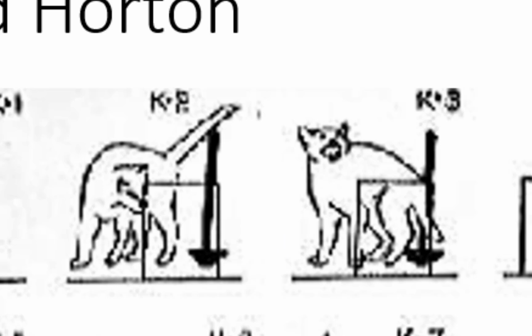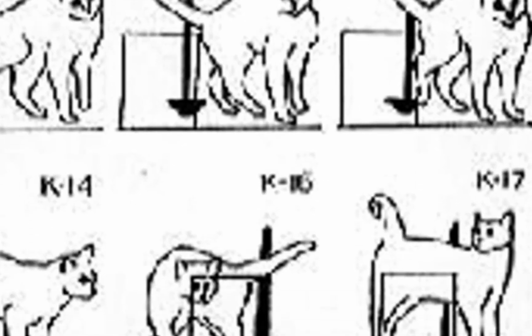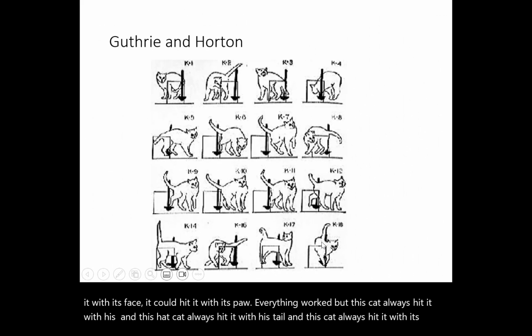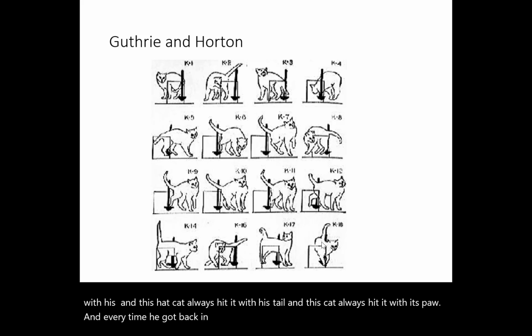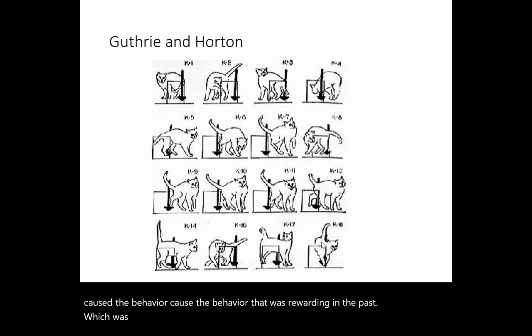But this cat always hit it with its butt. And this cat always hit it with its tail. And this cat always hit it with its paw. And every time it got back in, that's the behavior it did. Why? It sees the pole, and that caused the behavior that was rewarding in the past, which was very specific for each cat.